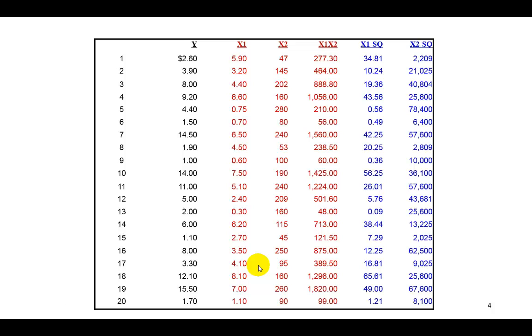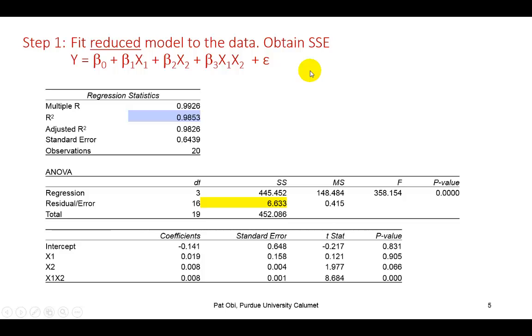So here's the data set. We're going to regress y, shipping cost, against all of these five independent variables, and then separately we're going to regress y on the red columns, which is the reduced model. Here are the results.